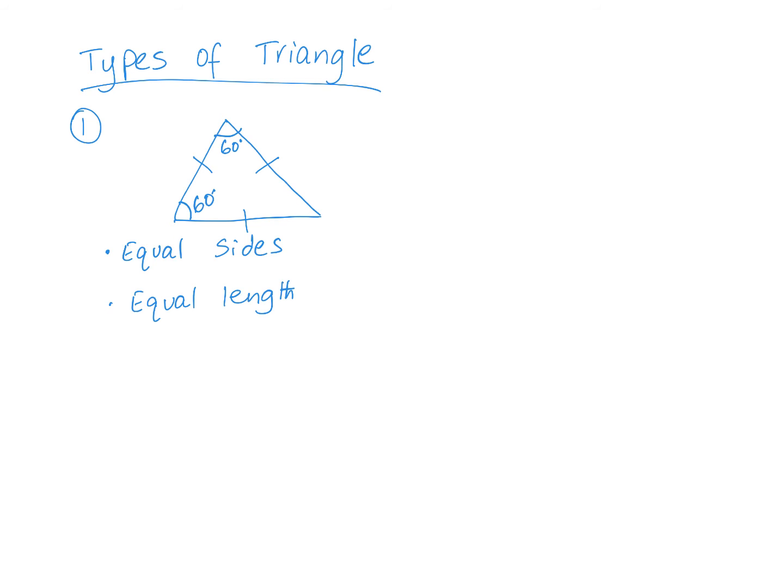So whenever you see 60 inside the triangle, it just means that it's an equilateral triangle. The angles are congruent.